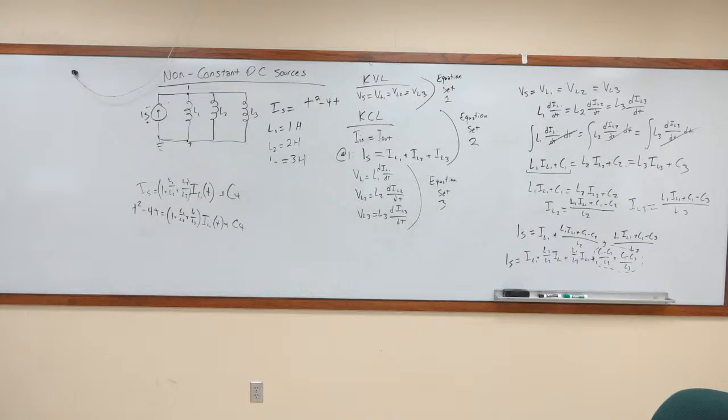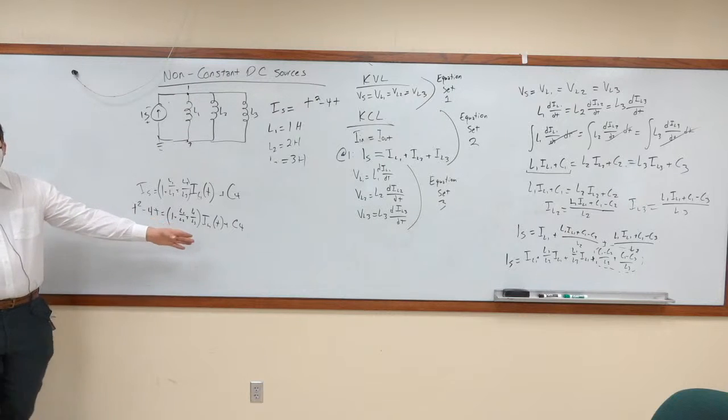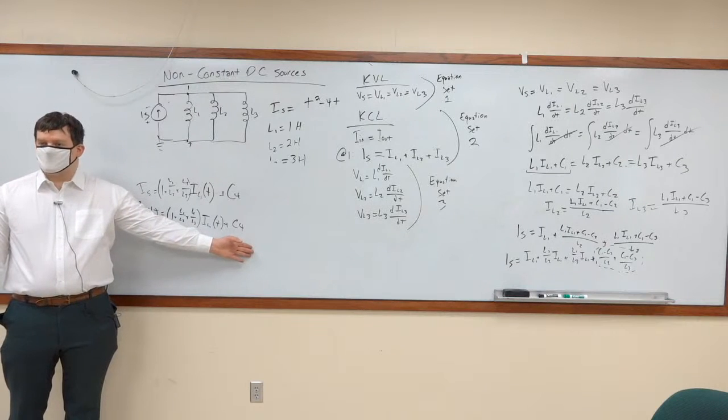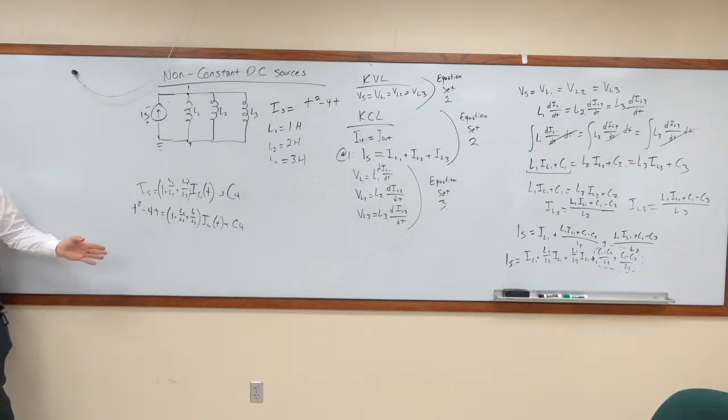Our time values have to be identical on both sides. Since we do not have any constants on this side of the equation, we can't have any constants on this side of the equation. Right?